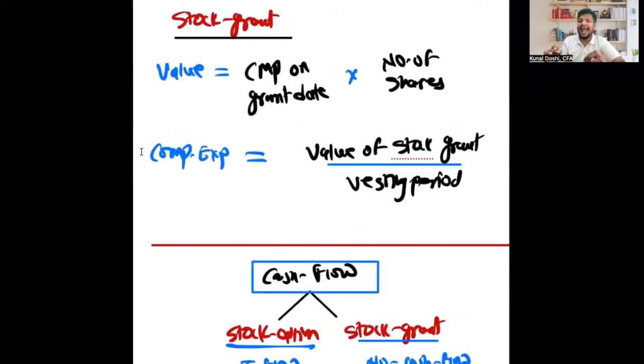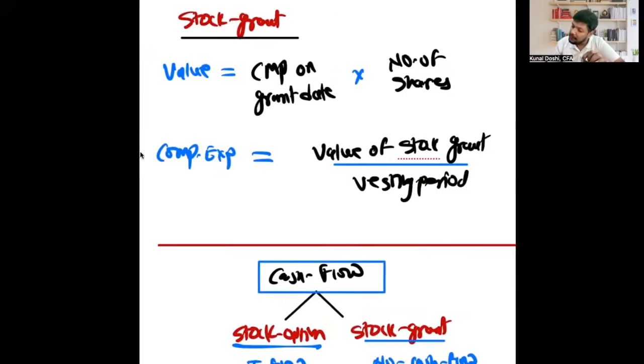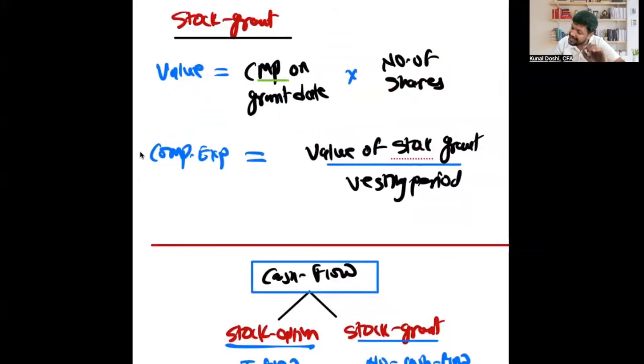In a stock grant, they are going to give you some shares. Okay. So the market price of those shares on the grant date and the number of shares that are going to be given to you, a grant is like a free thing. That is the value of your stock grant. And this value again divided by the vesting period will be your expense.